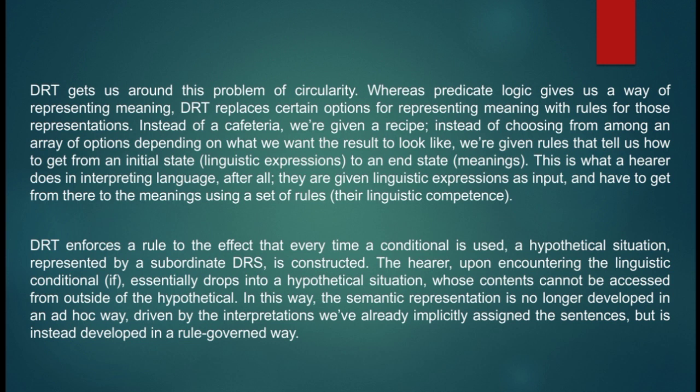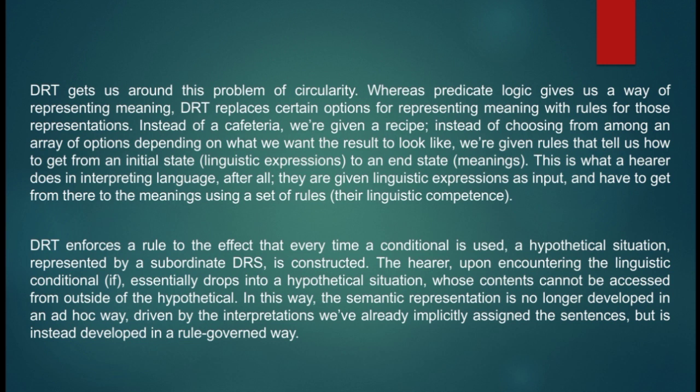We're given the rules that tell us how to get from an initial state, linguistic expressions, to an end state, meanings. This is what a hearer does in interpreting language. After all, they are given linguistic expressions as input and have to get from there to the meanings using a set of rules, their linguistic competence.